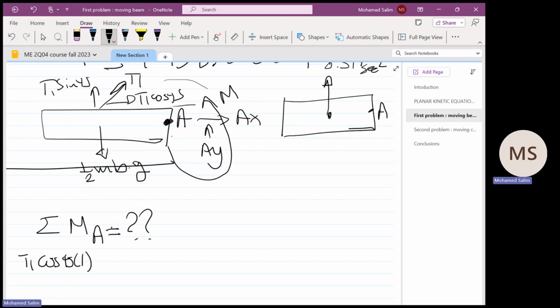So it will be negative, and the other will also be negative, T1 sine 45 times 5 feet. How to calculate moment is simple: the perpendicular distance between the point and the force, and just make a rotation, clockwise or anticlockwise.